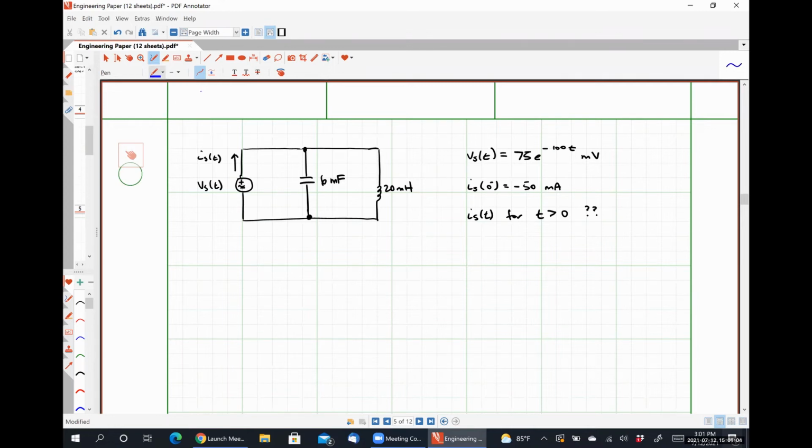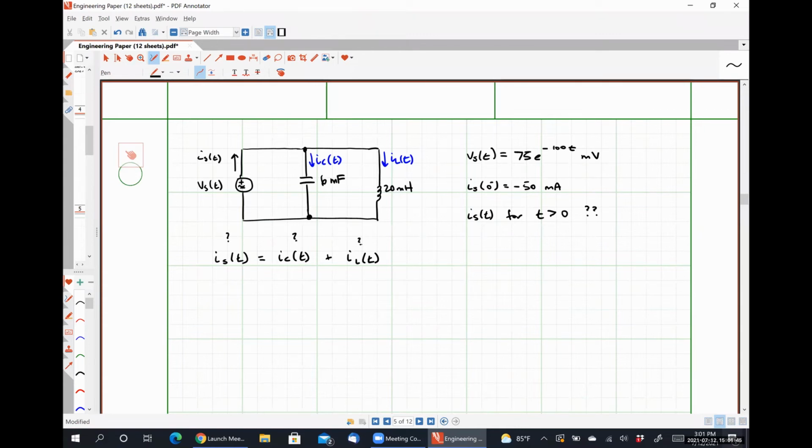So applying KCL, I'm going to specify that this will be my capacitor current, IC of t, and this guy right here will be my inductor current, IL of t. And I can say then that IS of t, which we don't know, is equal to IC of t, which we don't know, plus IL of t, which we also don't know.